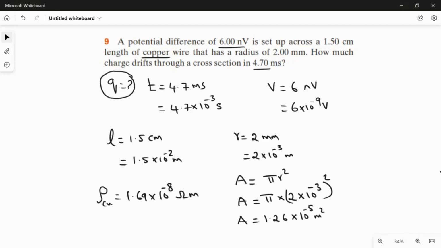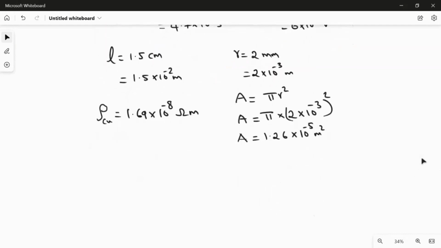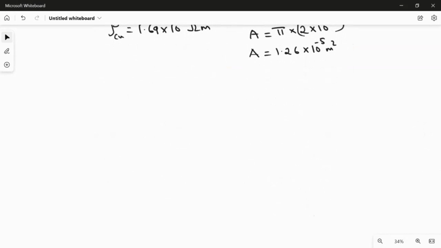First of all, I'm going to write the formula for calculating the charge. In theory, we studied that Q is equal to the current multiplied by time. We have the value of the time, but we don't have the information about the current.